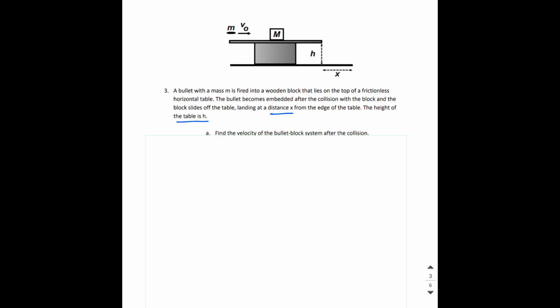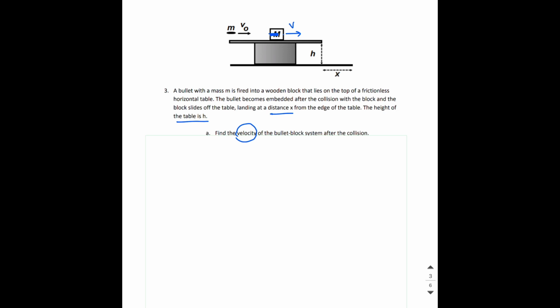So anytime you're trying to find the final velocity, in this scenario, we want the final velocity when the bullet gets embedded into the block, and then as one unit they start traveling in a certain velocity v.